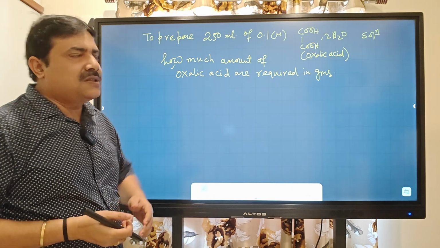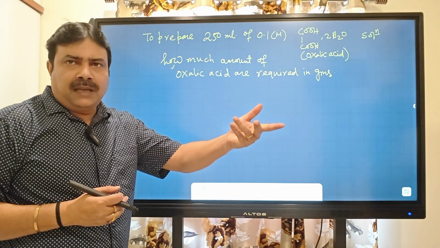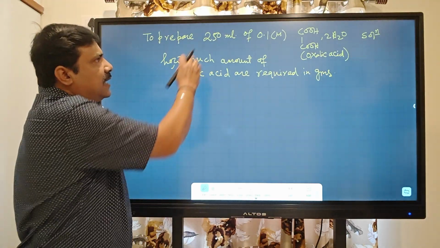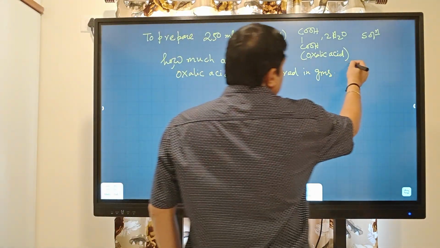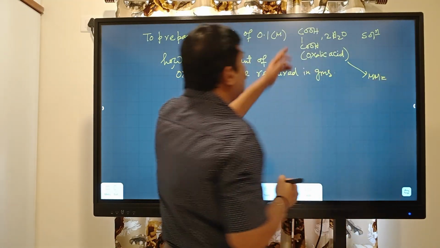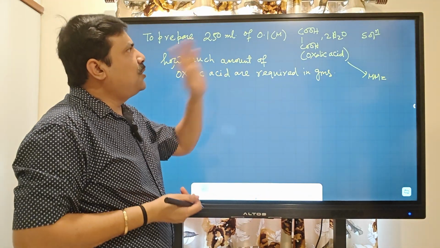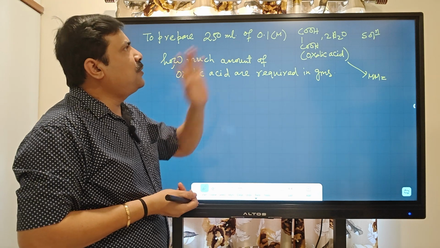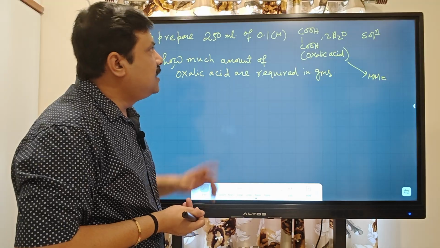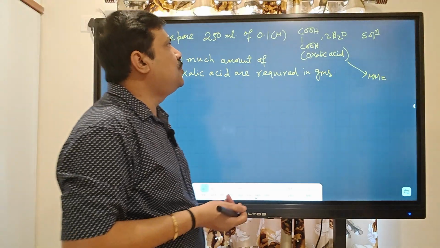Now you look, here they are giving it in reverse. Molarity is given and the amount of substance is asked. So if you know the forward process very well, then you can come to the backward process. That's all we will do. Now first write down the molar mass of oxalic acid, including these 2 waters of crystallization. 2 carbon means 2 into 12, 24; 4 oxygen, 4 into 16, 64; 64 plus 2 hydrogen, 66; 66 plus 24, 90. 90 plus 36, that means 2 moles of water; 1 mole of water is 18 gram, 2 moles is 36 gram.